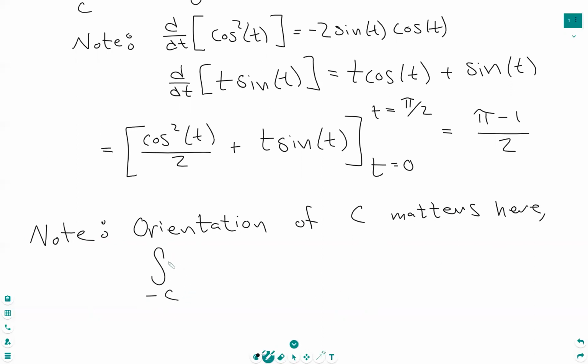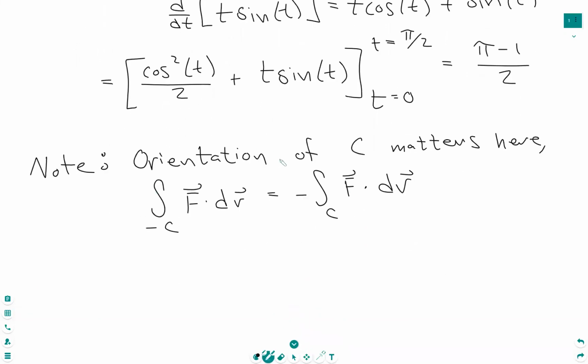So this time, if I have a line integral over negative c of f dot dr, this is negative integral over c of f dot dr. The reason this changed is because, since we're still doing this ds, but this time, remember, we've got t times ds. This might remain positive, but now this is pointed in the opposite direction. So that's why this negative now comes up.